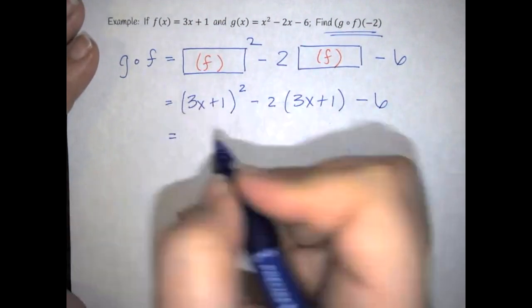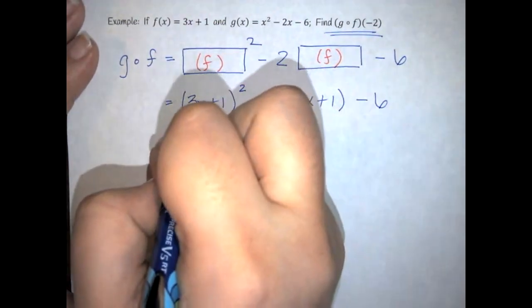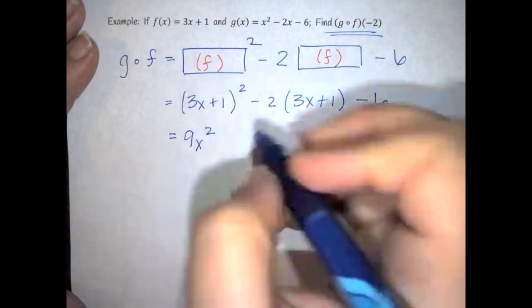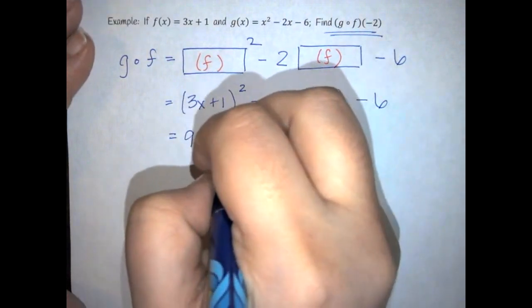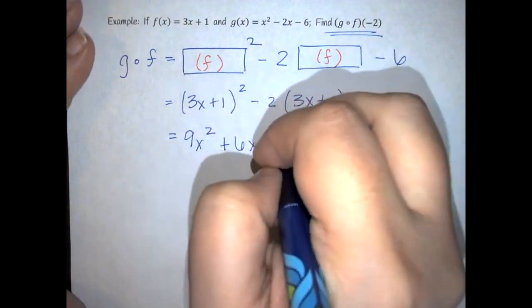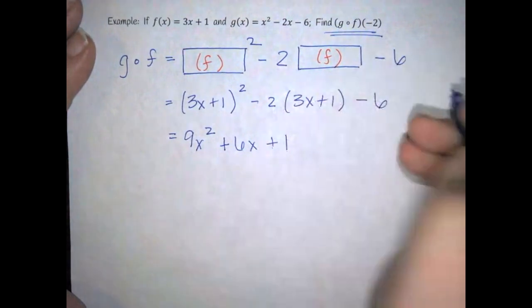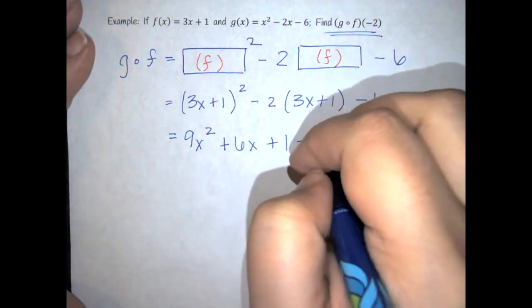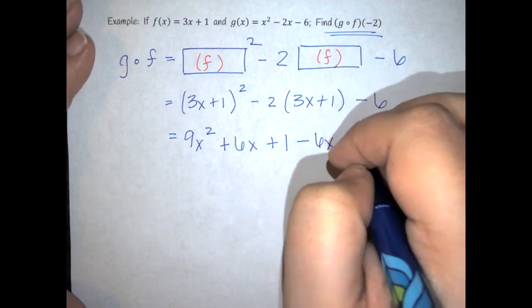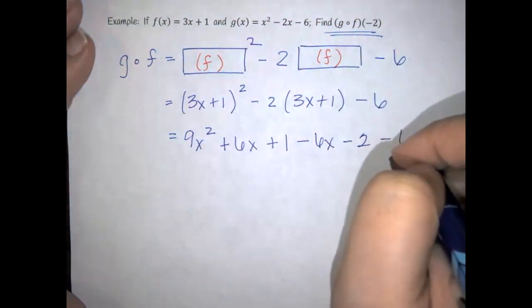So I have to square the first term. 3x and 3x is a 9x squared, and then this is going to be plus 6x plus 1. Then distribute your 2: minus 6x minus 2, minus 6.